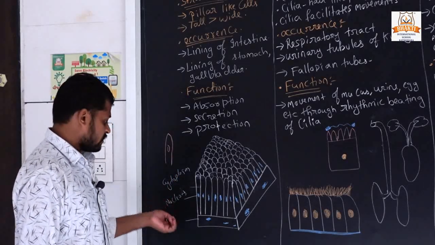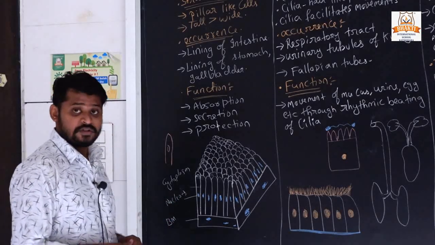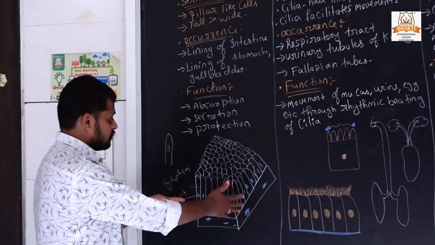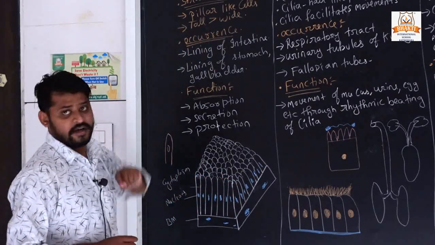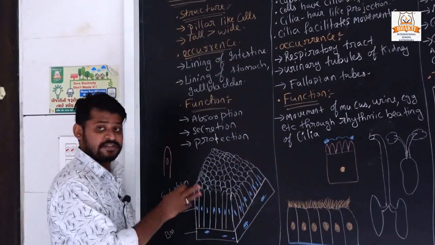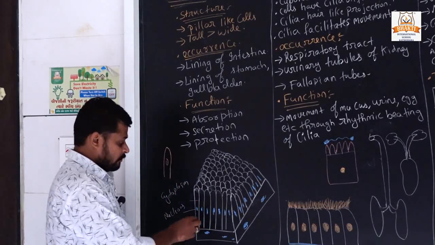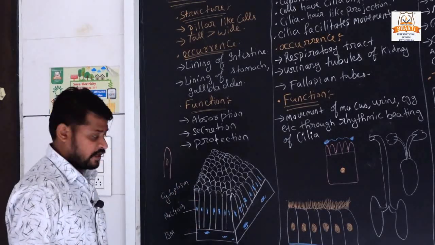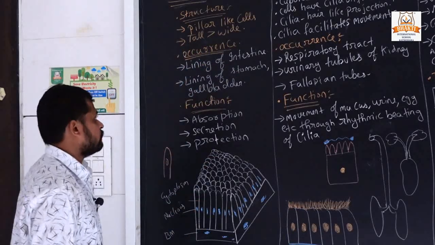We already discussed in our previous video what a base membrane is. This is the structure of columnar epithelial tissue. It is tall but not that wide. You will see the length is more but the width is very little, that's why it is taller than wider.